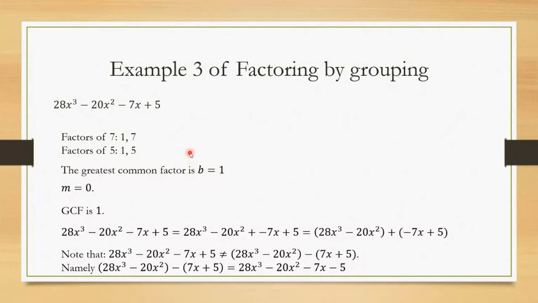So b is 1. Now, m is 0, because there's a non-zero constant term. So the smallest exponent of x here happens to be 0. So the GCF is b times x to the m, which really is just 1.